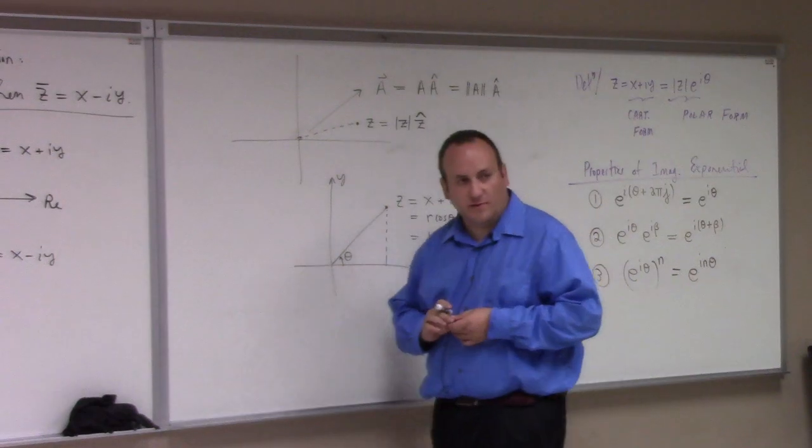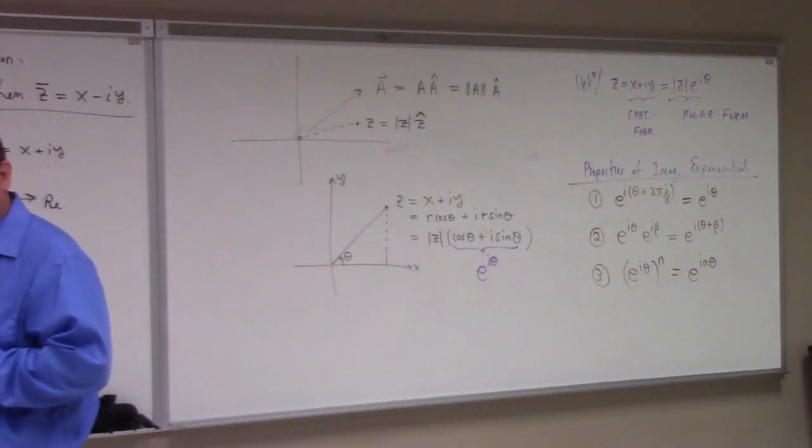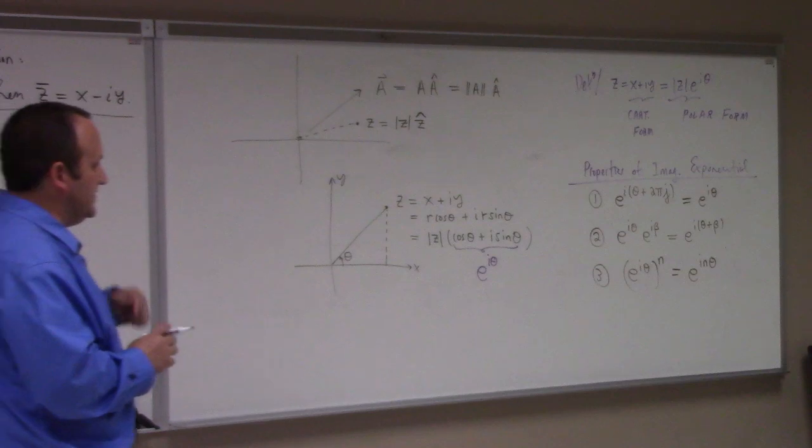You also have that law of exponents. That number 3 has a name, de Moivre's theorem, which I'm mispronouncing. If you look in the notes, I explicitly work out what that means for n equals 2 or 3. That's a really powerful trigonometric identity, a pair of them. So these are properties of the imaginary exponential.